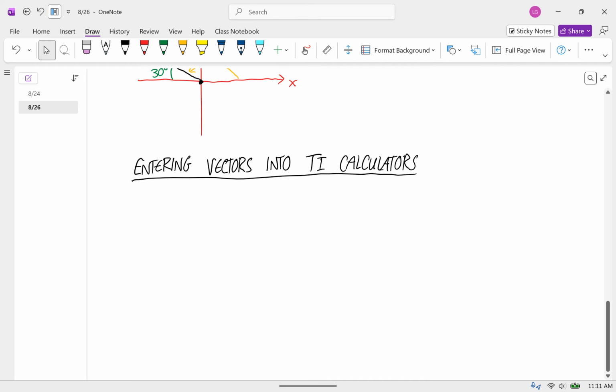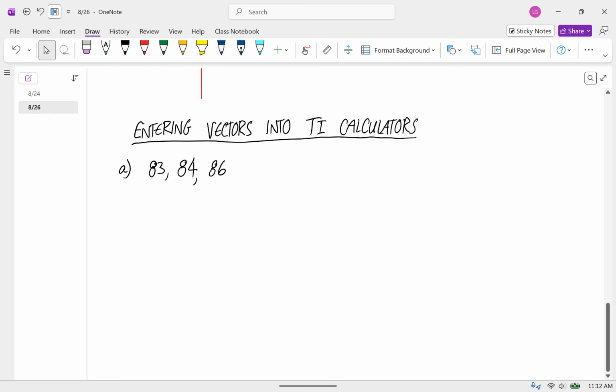So I have to sort of break this up into categories. So first of all, if you have a TI 83 or an 84 or an 86, I think most people would have an 84, but there are 83s and 86s out there.